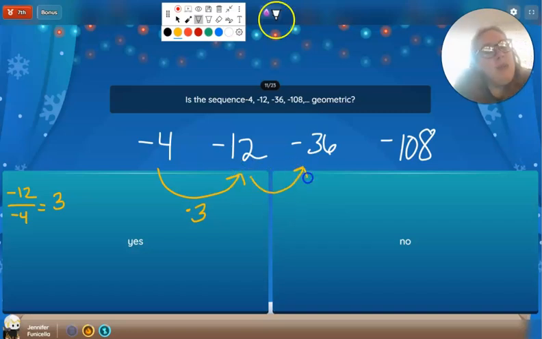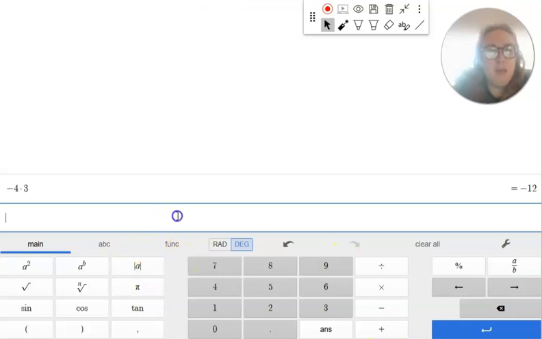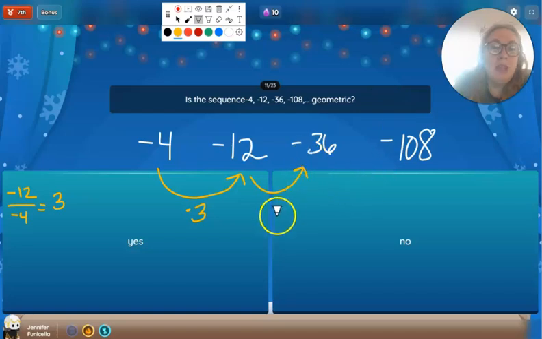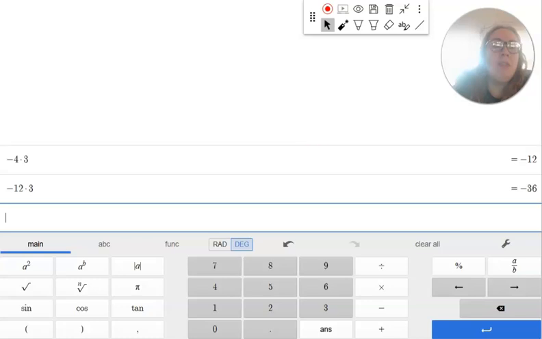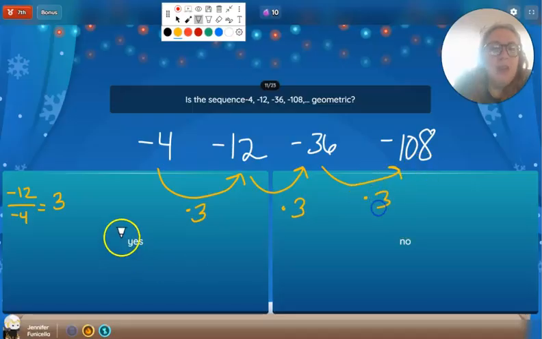So next, let's see what negative 12 times 3 gets us. Negative 36, which is correct. Last one, negative 36 times 3 is negative 108. Beautiful. So this is using a multiplier of 3 every time. So yes, this is geometric.